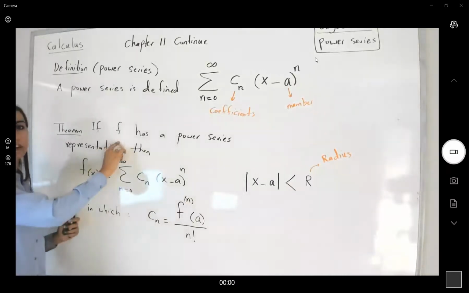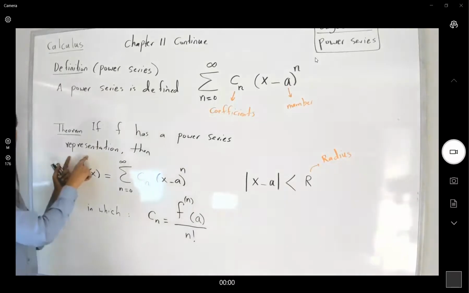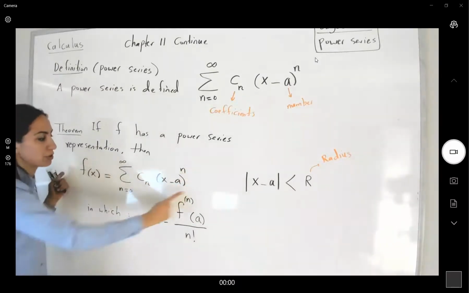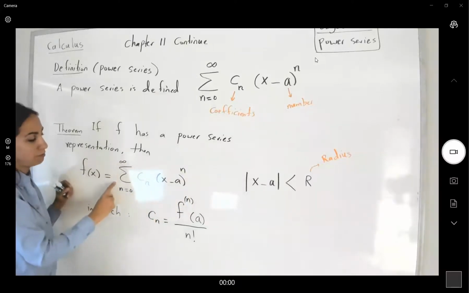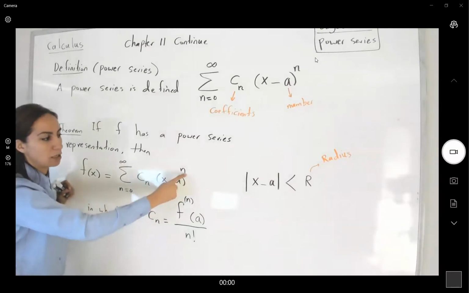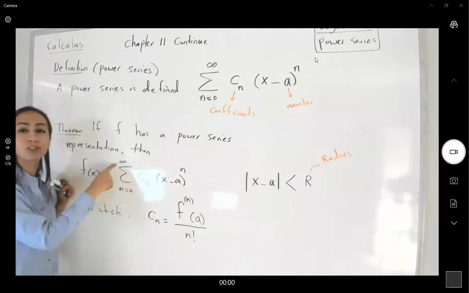So if you have a function and that function has a power series representation, that power series representation can be written this way: the sum of c sub n times x minus a to power n, while n ranges from 0 and goes to infinity.